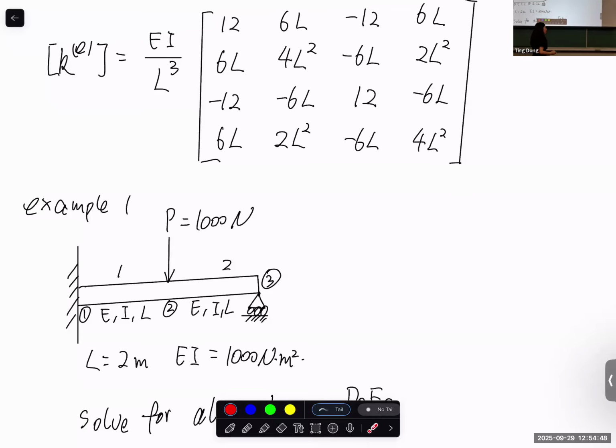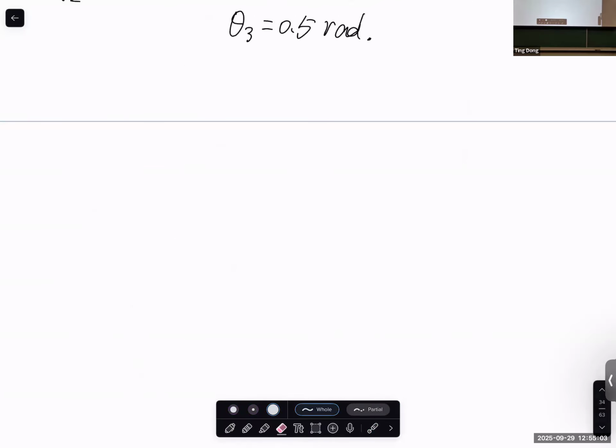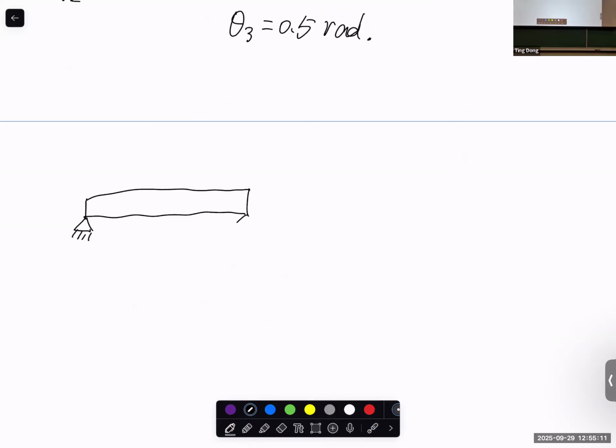Okay, so let's do the simple situation. Let's assume that we have one beam element. Let's use simply supported, and a similar situation, I use uniform distributed force.